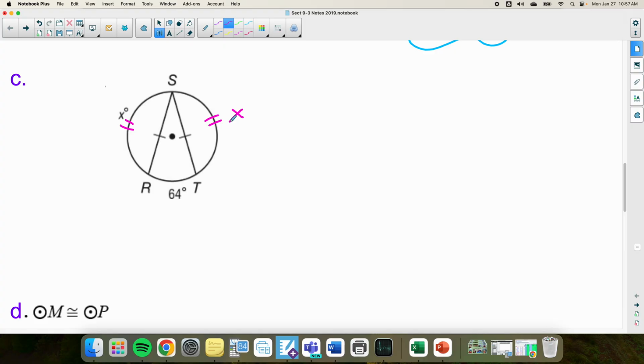Now you could do algebra. Devin did this in his head, but if you went x plus 64 equals 360, that would work. Okay, do you guys all know how I knew this was x? Yeah, because if the chords are equal, the arcs are equal.